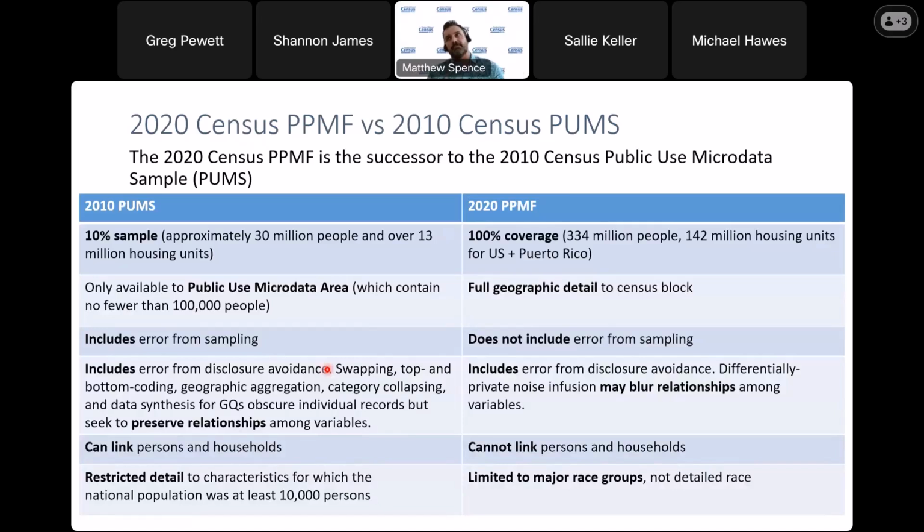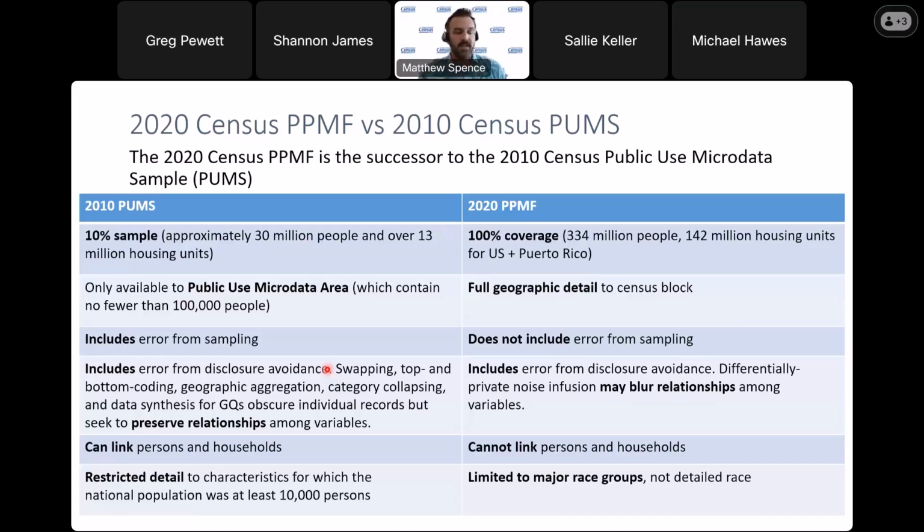This is something that we struggled with when we were developing the 2020 DAS. We actually had a very long and I think pretty open process where we went through why the 2010 protections were not sufficient, what we sort of thought about designing a disclosure avoidance system for 2020 using differential privacy. We released several demonstration files that actually look a lot like a PPMF that had noise infused and post-processing.